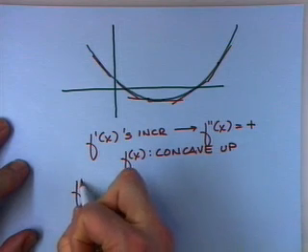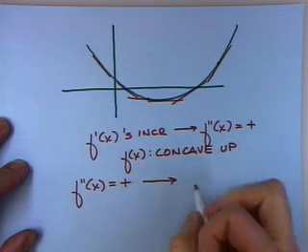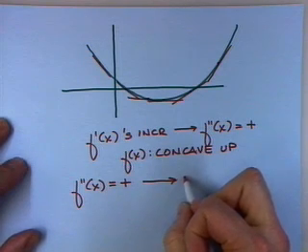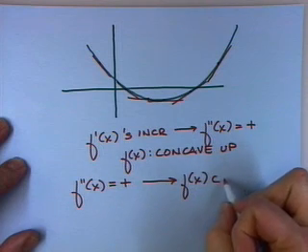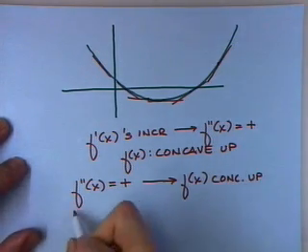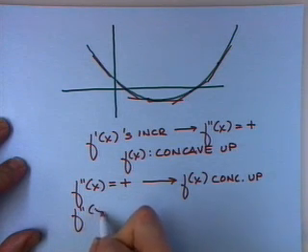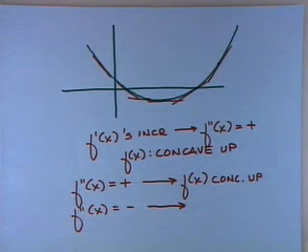So a quick summary: second derivative, positive. What's that tell us about the function? It tells us the function is concave up. It tells us the derivative is increasing. I'm just kind of skipping that derivative. What's the second derivative?